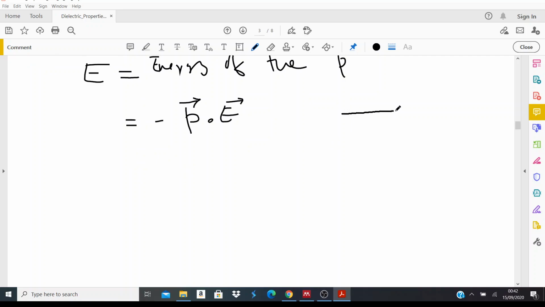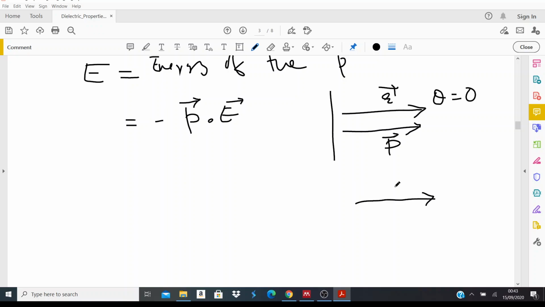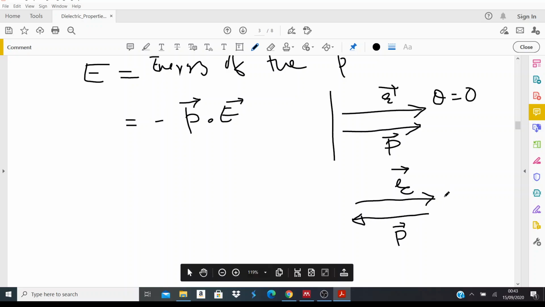So you can see if the electric field is in this direction and, let's say, P aligns in this direction too, what is the angle between E and P then? Theta is 0. That's one possibility. And then what about if the electric field is pointing in this direction and the polarization is pointing along this direction, right? That's another possibility.